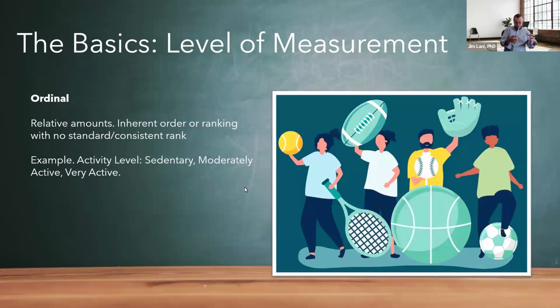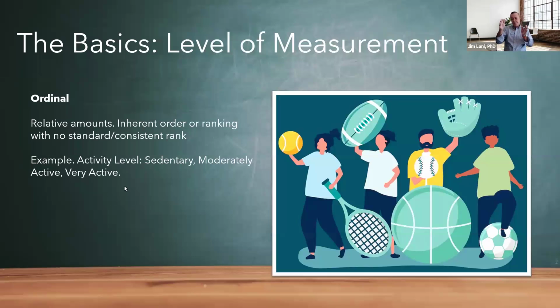Ordinal have names like small, medium, large, or very active, sedentary, moderately active. So they also have labels, but they're ordered labels. Here's the example: sedentary, moderately active, very active.